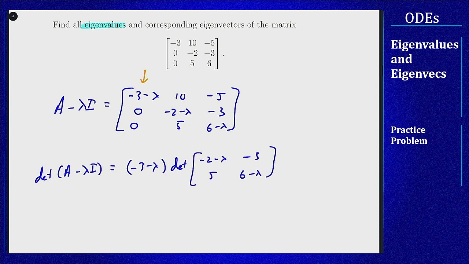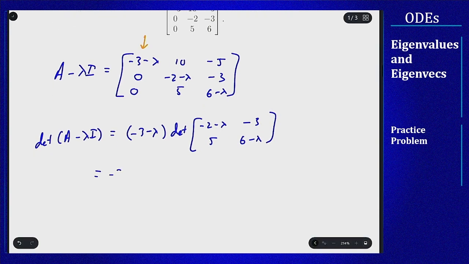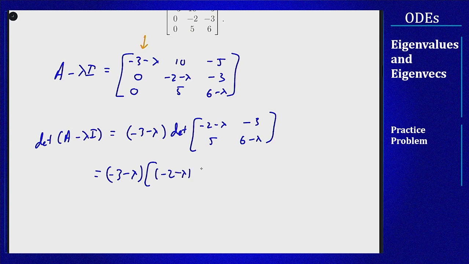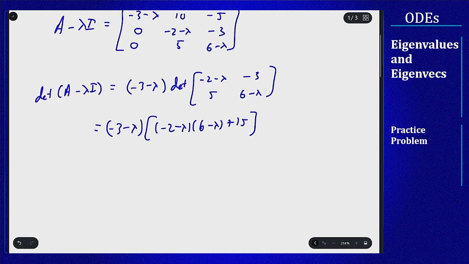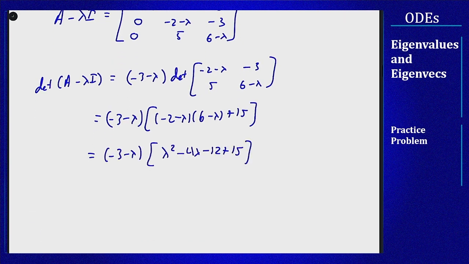We compute that determinant. So I get -3 minus lambda times (-2 minus lambda)(6 minus lambda) plus 15. We can expand out that polynomial on the inside. We get minus 4 lambda from the 6 is negative lambda, and then minus 2 times minus lambda gets me negative 4.